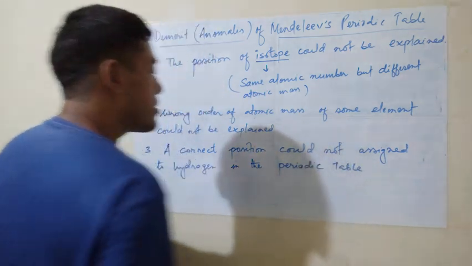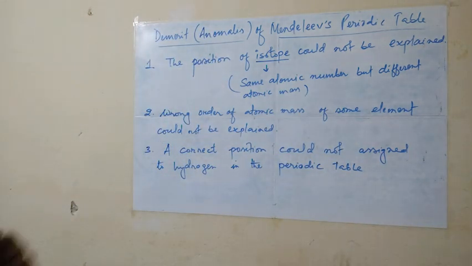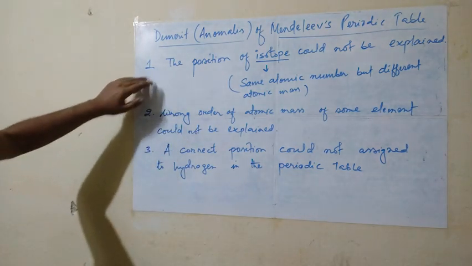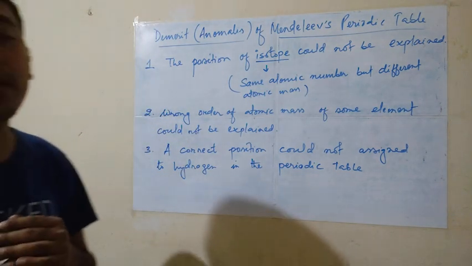In his periodic table, he did not explain or put the correct position of hydrogen. These are the three important demerits of Mendeleev's periodic table.